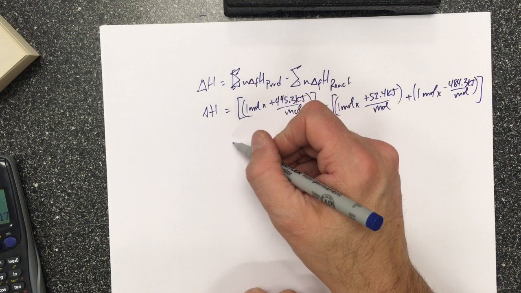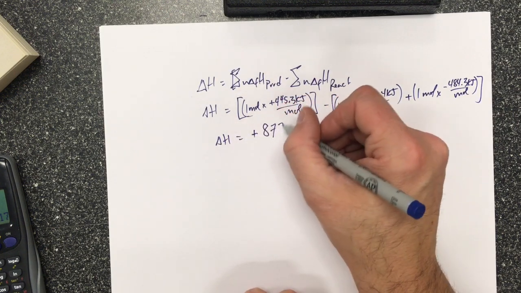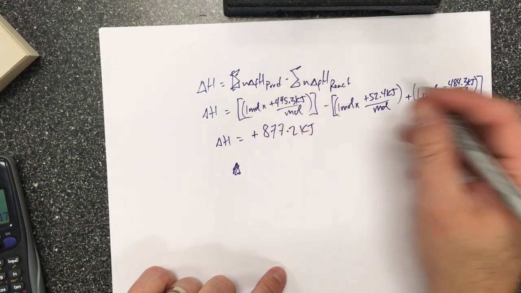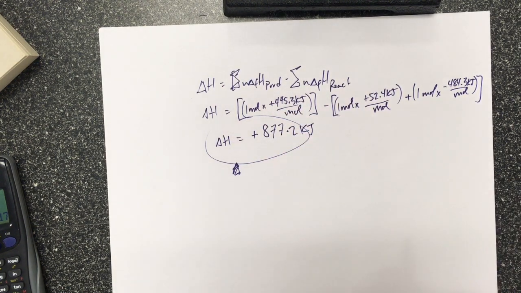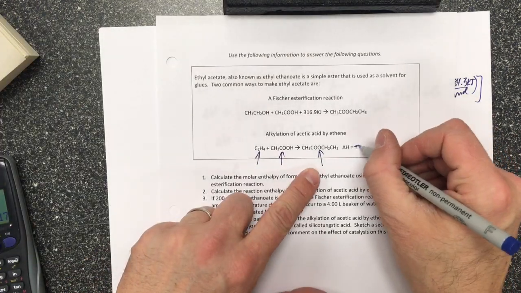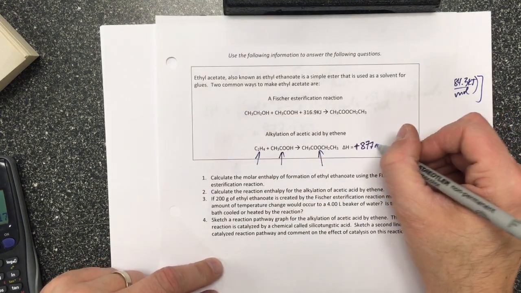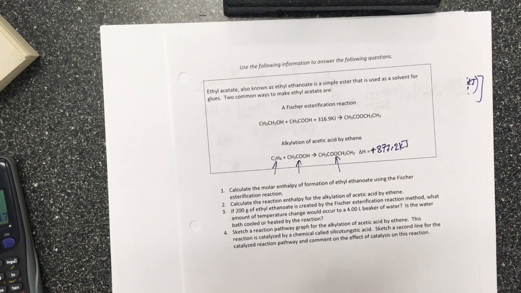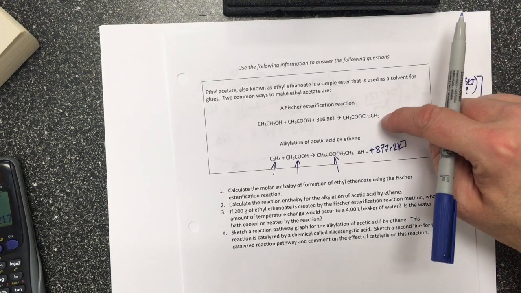I put that into my calculator, and the enthalpy of this reaction equals positive 877.2 kilojoules. So the reaction enthalpy is this, and they didn't ask for the molar enthalpy, so I don't need to. So this will be equal to positive 877.2 kilojoules.